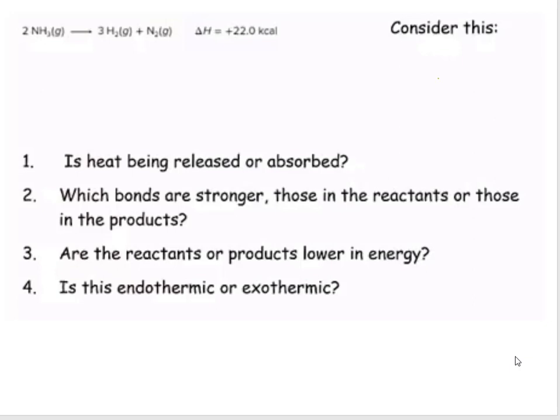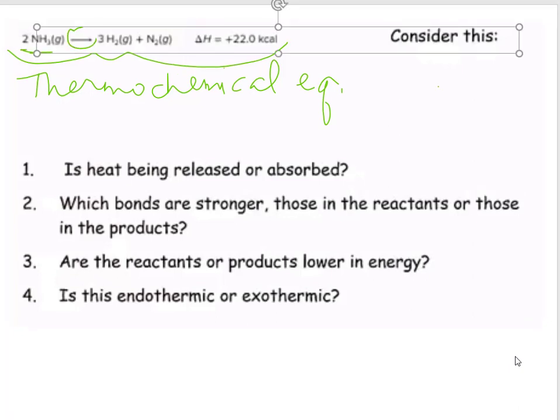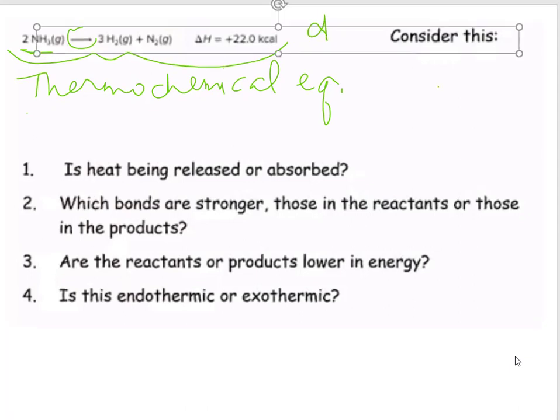So this whole thing right here is my thermochemical equation. We can tell, again, that because I have 1 reactant and then the arrow, that this is a decomposition reaction.